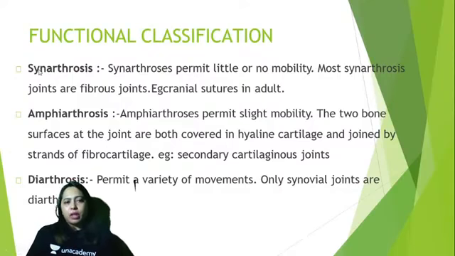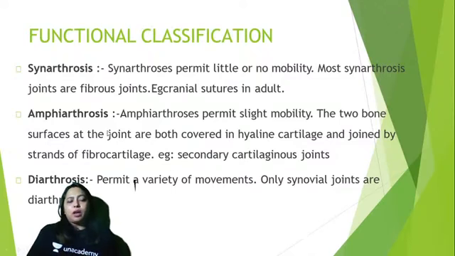So that was structural classification. Coming to the functional type of classification, how many bones are involved, what is the range of movement, what is the type of movement, depending on that, you can classify the joints as synarthrosis, which is nothing but the first type of classification, that is fibrous or a fixed type of joint.